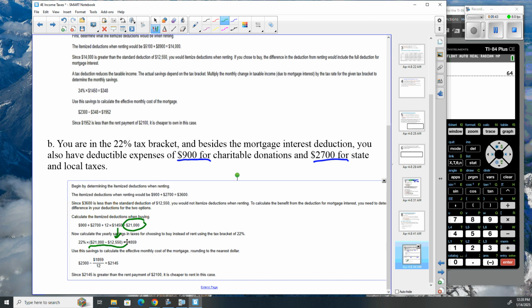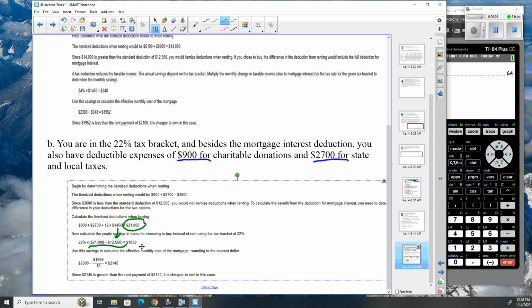They subtract those to find the difference, and then times it by 0.22. So you're saving $1,859 by choosing to itemize instead of taking the standard deduction.